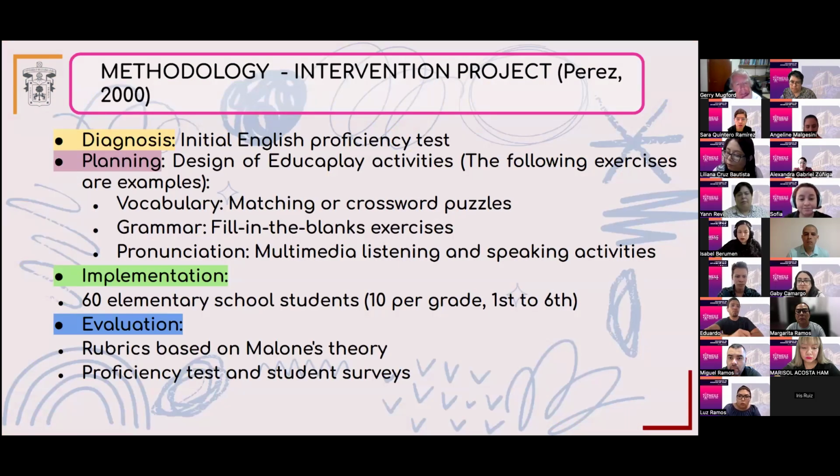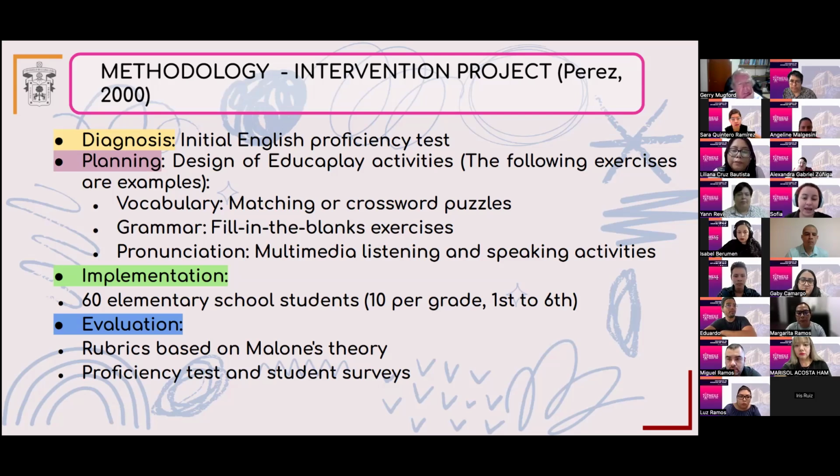Well, in this tentative methodology part, my intention is to use an intervention project. The number and the name of the phases in an intervention project can vary depending on each author's perspective, approach, and discipline.